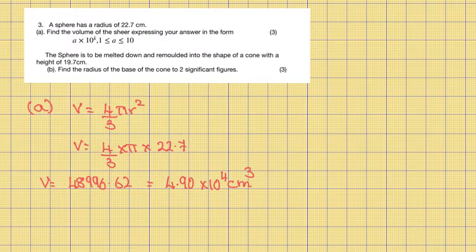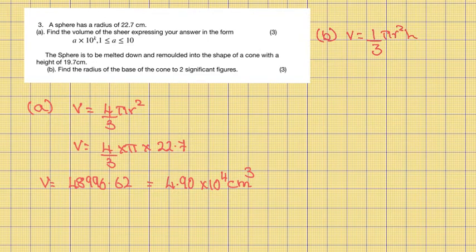The sphere is to be melted down and remolded into the shape of a cone with a height of 19.7 centimeters. Find the radius of the base of the cone to two significant figures. Well, the volume of a cone is equal to 1/3 pi r squared h.